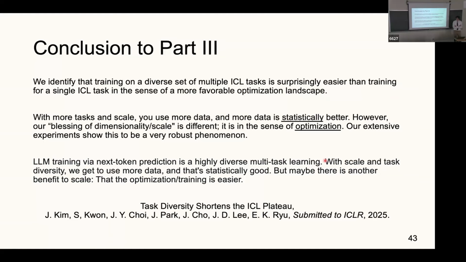But maybe there's another benefit to scale: when you use a diverse set of data, maybe that furthermore makes the optimization, the training, easier as well. And maybe that partially explains the modern success of large language models.